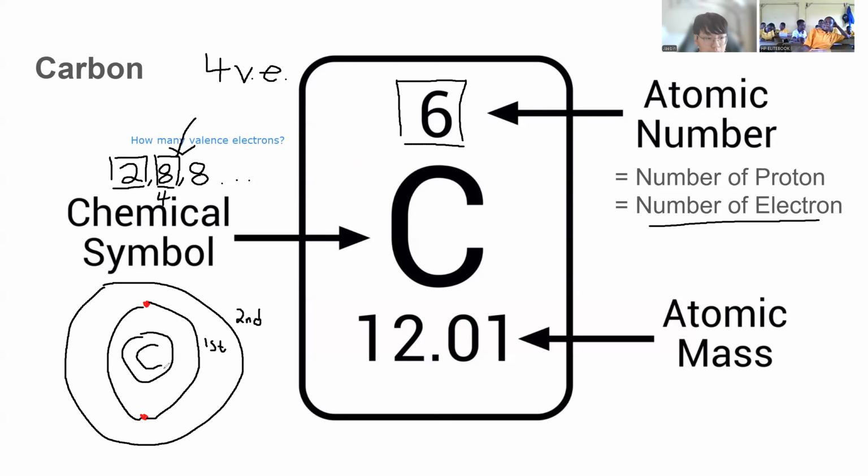But we have 6 minus 2, we have already used 2, so we have 4 electrons left. So we just fill out 4 here. 1, 2, 3, and 4. This is how the electrons in each shell looks like in carbon.